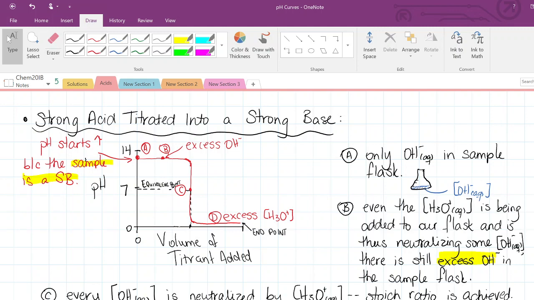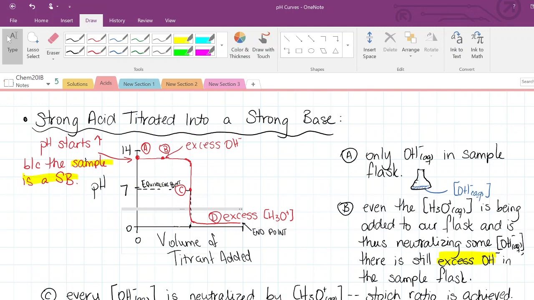That's point C. And there's probably going to be some excess hydronium left over that didn't get neutralized with the base, and that's what's going to drive your pH down to this very, very low pH.